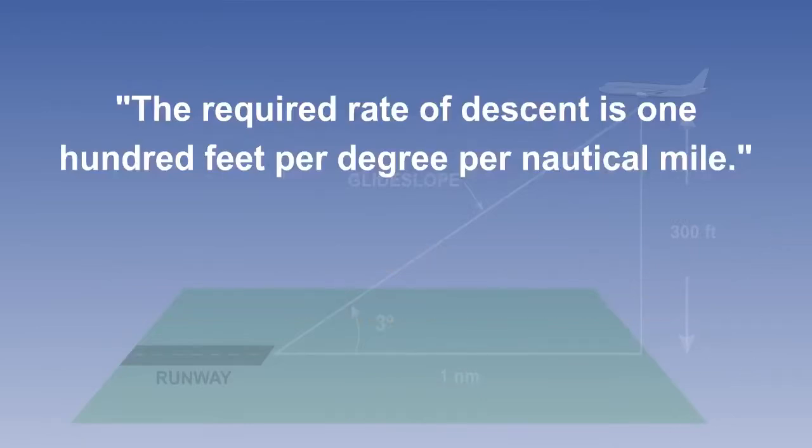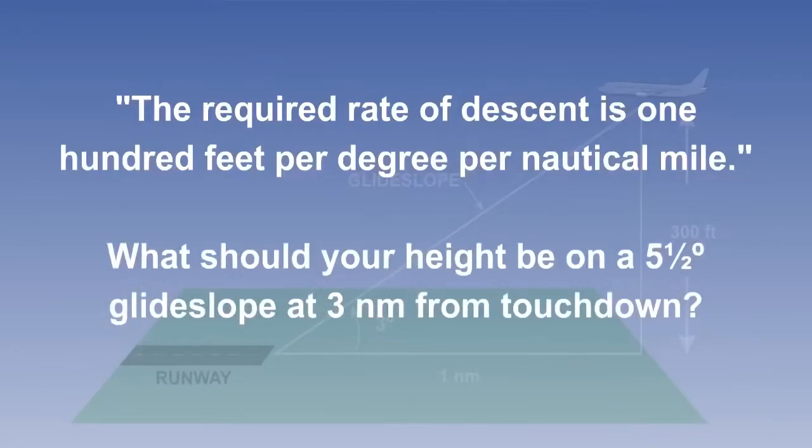Now another. What should your height be on a 5.5-degree glide slope at 3 miles from touchdown? (1,650 feet).